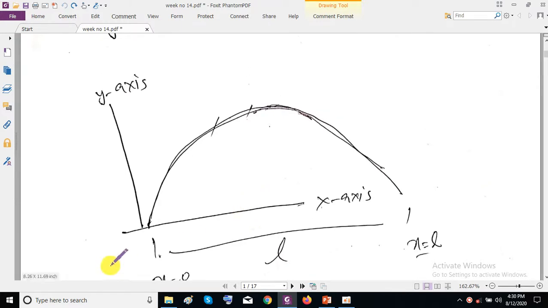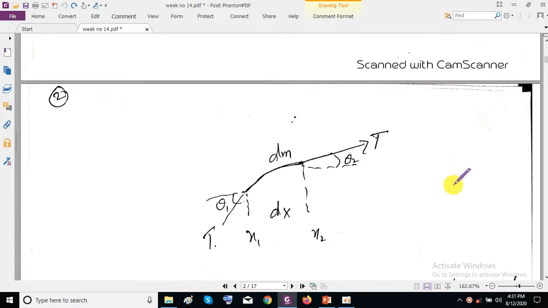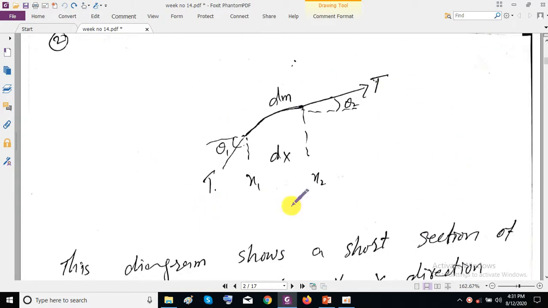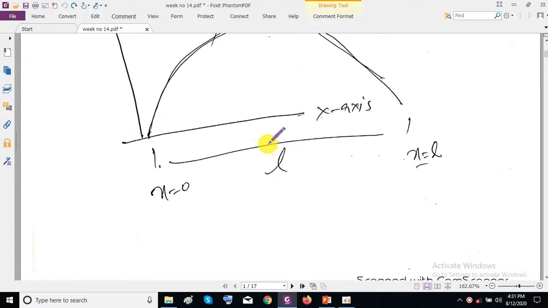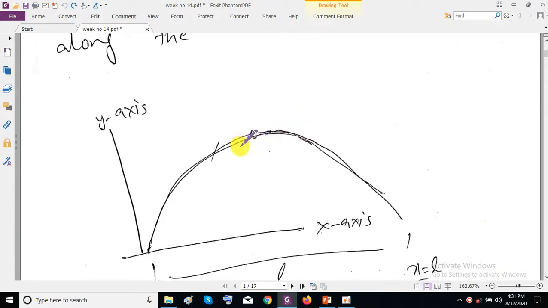This is the length of the string, which is denoted by L, and the direction of the equilibrium position is along the x-axis. We consider a small part, a small component of this, like this portion.